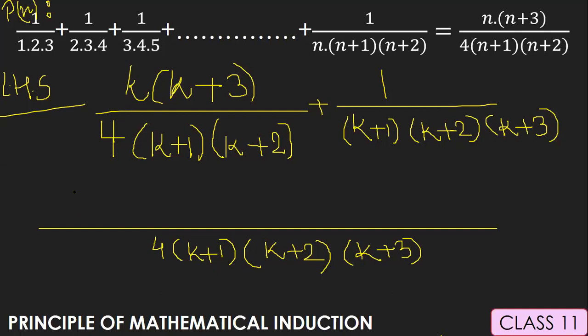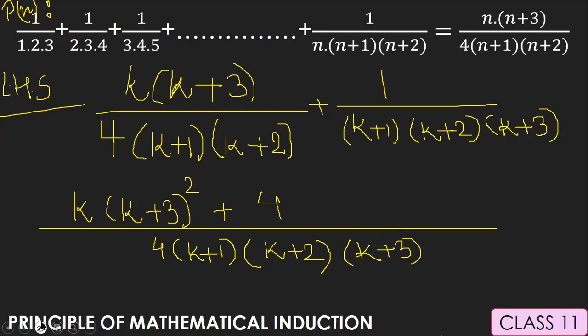So in the numerator you would get k into k plus 3 square, right? Plus, as you could see, there is no k plus 3, so you would multiply the numerator with k plus 3. So you would get k into k plus 3 whole square plus 4.